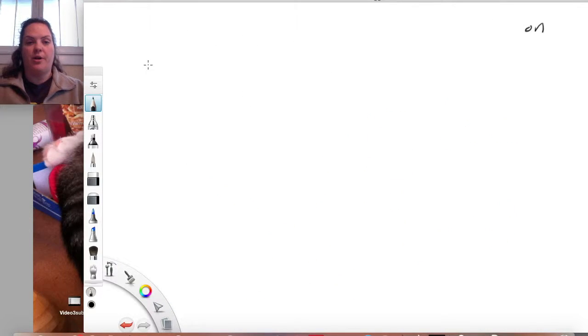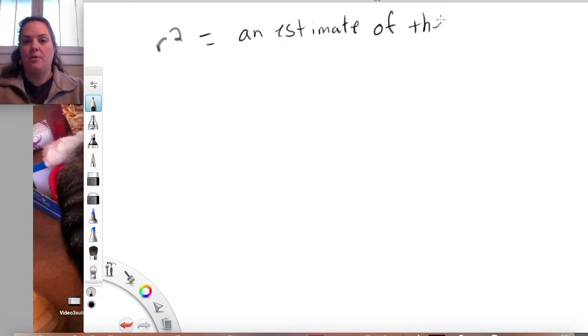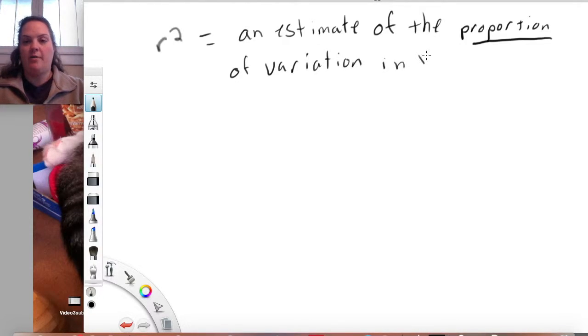Okay, so what is r-squared? There we go. All right, so r-squared is an estimate of the proportion, and notice I said proportion, of variation in y that is explained by variation in x.